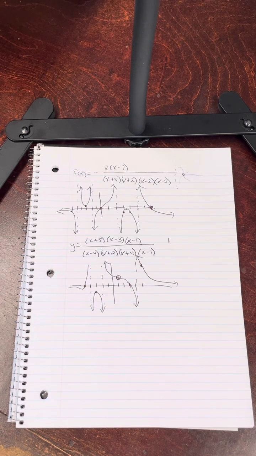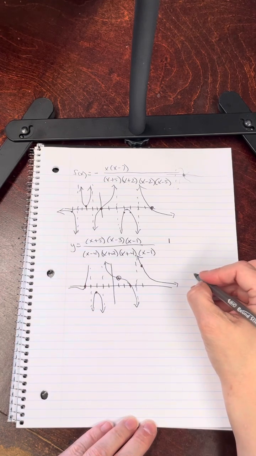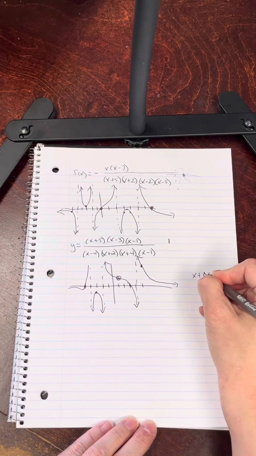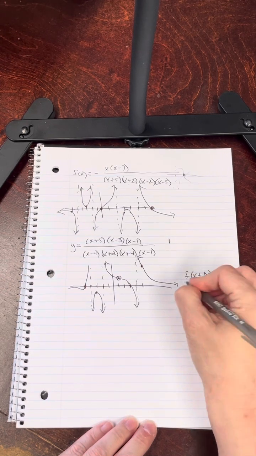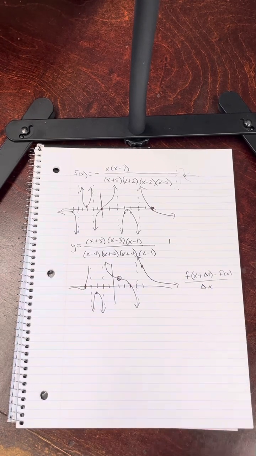So what you should be seeing them do there is plug those into your basic derivative formula, which is f of x plus the change in x minus f of x, all over the change in x, but then we had learned that we're going to change those to h's.